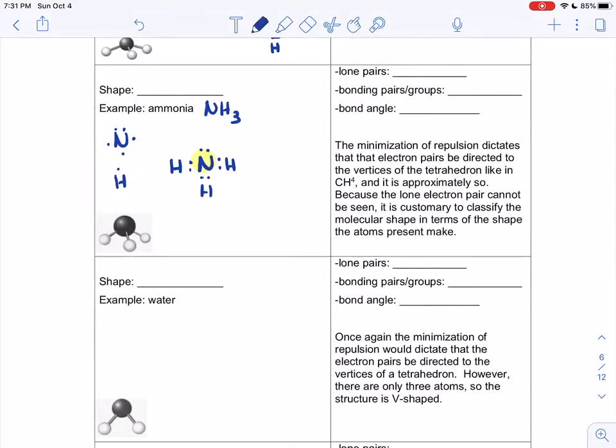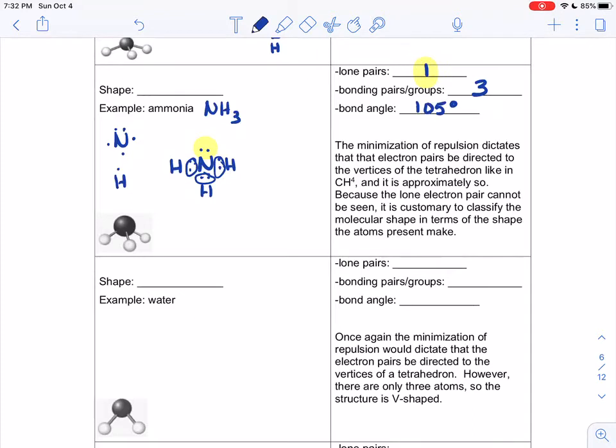And so for this one, I can see that there is one lone pair. Now, if you take a look at it, you can see that there are 3 bonding groups. So 1, 2, and 3. Now, the bond angle here is going to be 105 degrees.